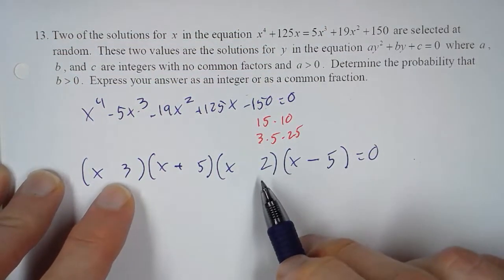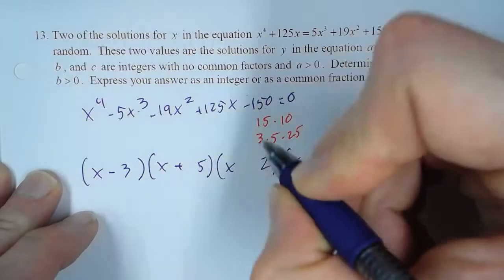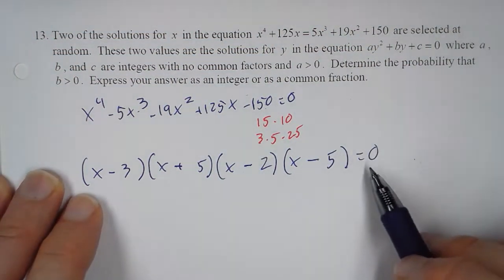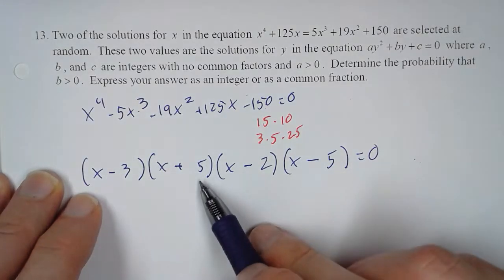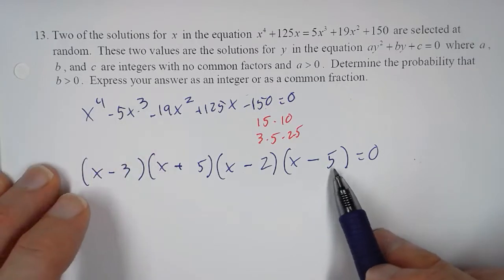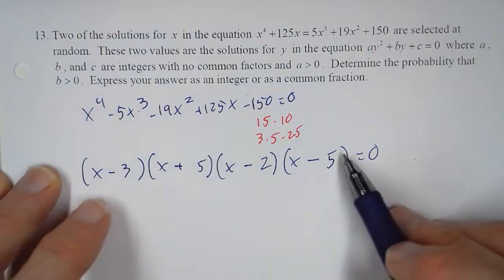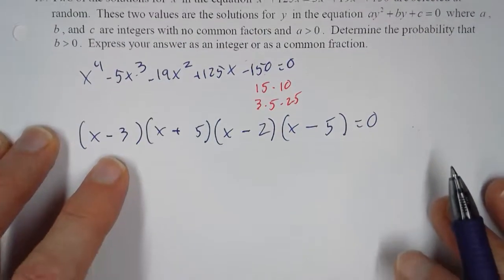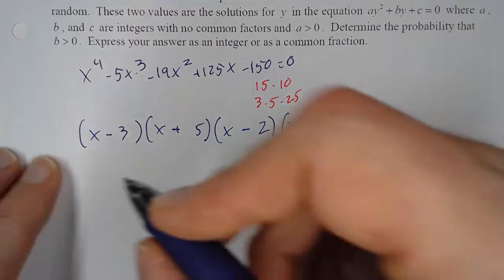So what about the 3 and the 2? Those are going to be negative. So this is the only way that you can get negative 3, 5, 2, and negative 2, negative 5 to add up to negative 5. So all four of these numbers multiply to this, and they all add up to this. So we have our four solutions here.